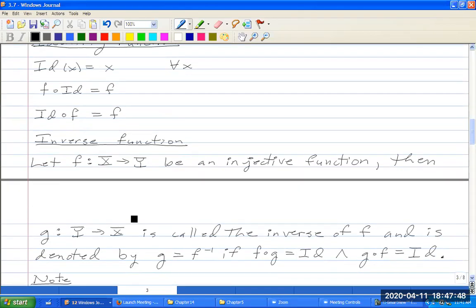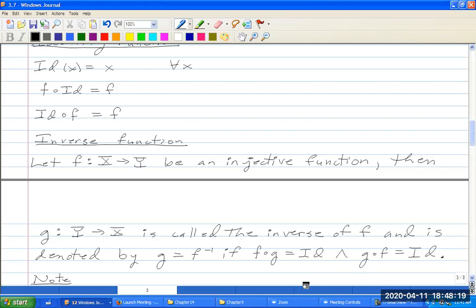Then g, being a rule mapping y into x, is called the inverse of f, denoted by f with a superscript of -1, if f composed with g is the identity function and g composed with f is the identity function.